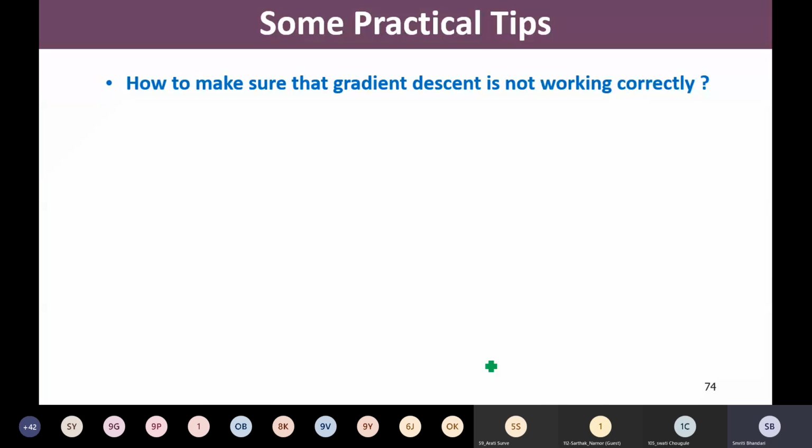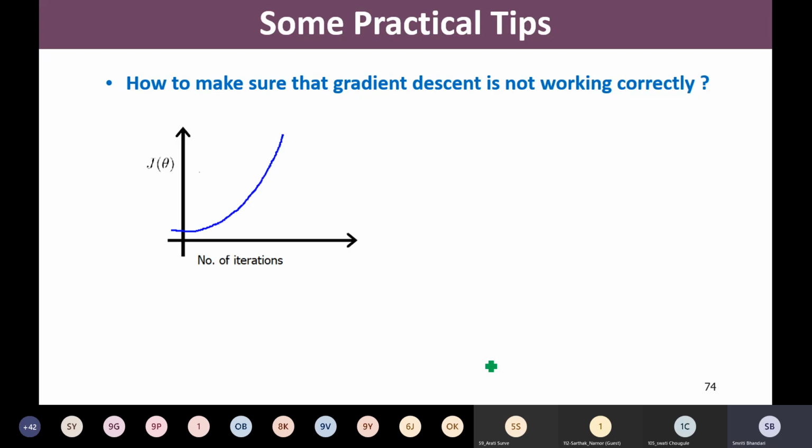So now let's proceed with the question: how to identify that my gradient descent is not working correctly. We have seen how to identify that gradient descent is working correctly. But how to find out that our algorithm is not working properly?